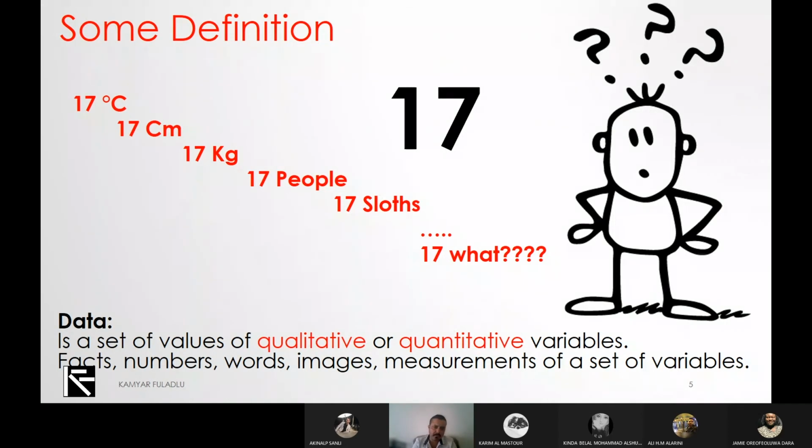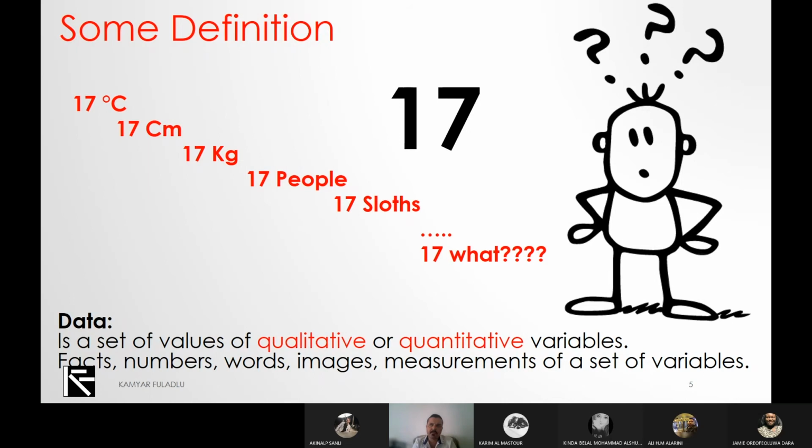Is it a unit of weight, like kilogram, ton, or grams, or a temperature, 17 Kelvin, centigrade, Celsius, Fahrenheit, or many other possibilities like 17 watts?